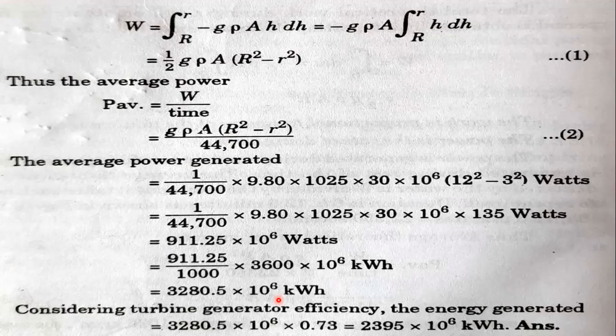So 3280.5 into 10 power 6 into 0.73 becomes 2395 into 10 power 6 kilowatt hours. So these are direct formulas, no need of indirectly calculating the values. This is all about the tidal systems.